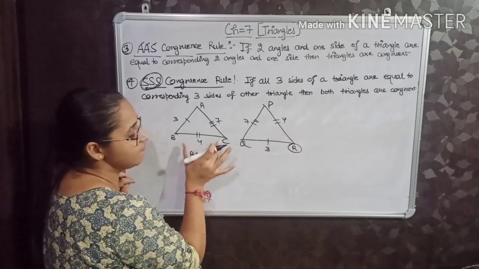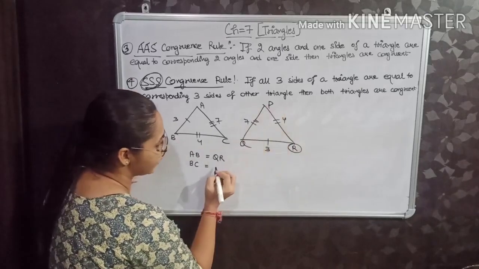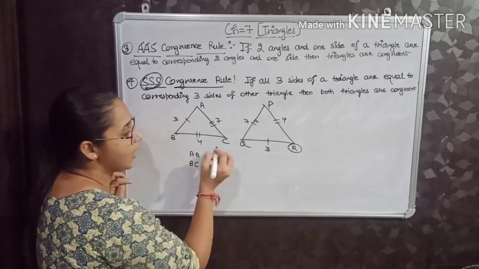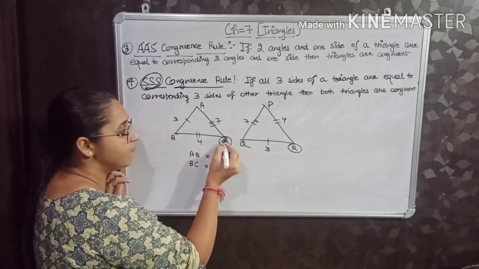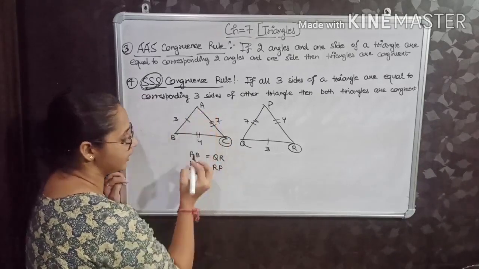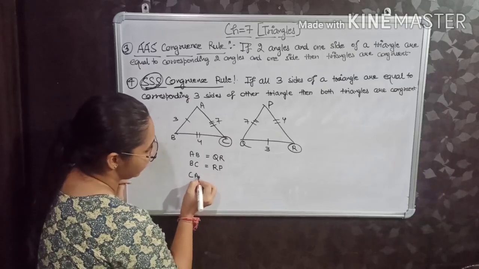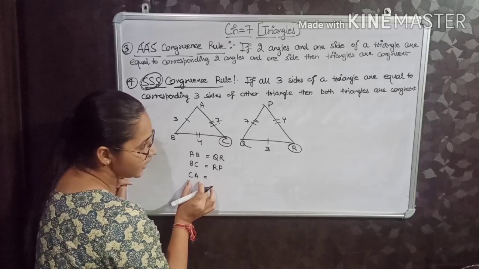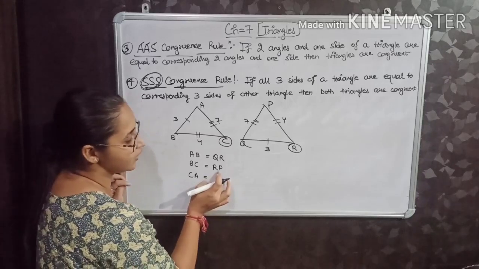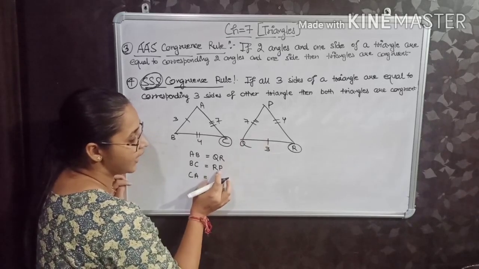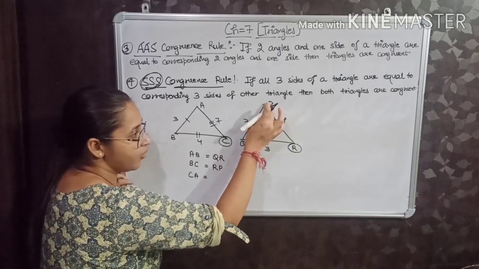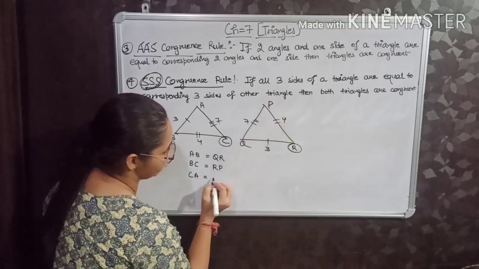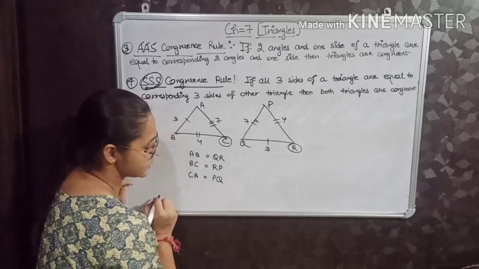So BC will be equal to RP. And now from C, I will reach the point A, that is CA, and I will cover a distance of 7. So CA will be equal to, here in this triangle I am at point P, so from P I will move to the point Q, PQ, and this is equal to 7.